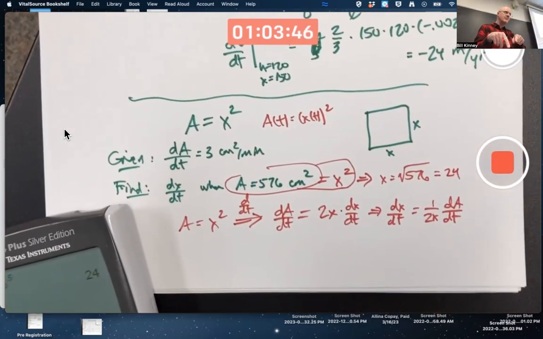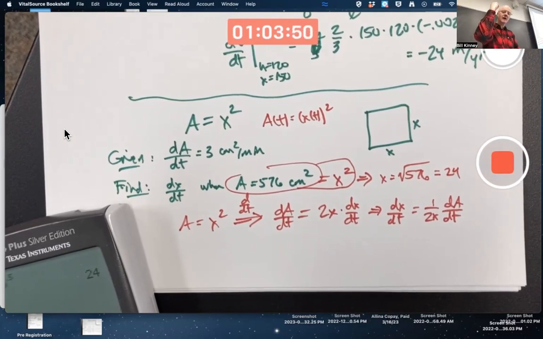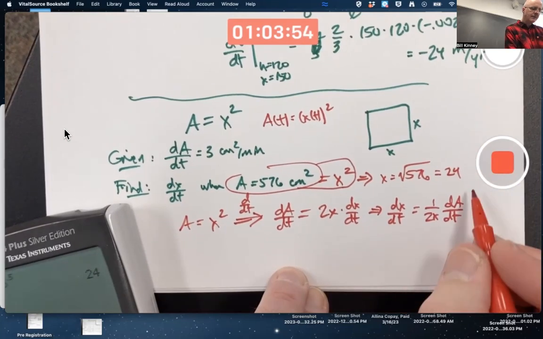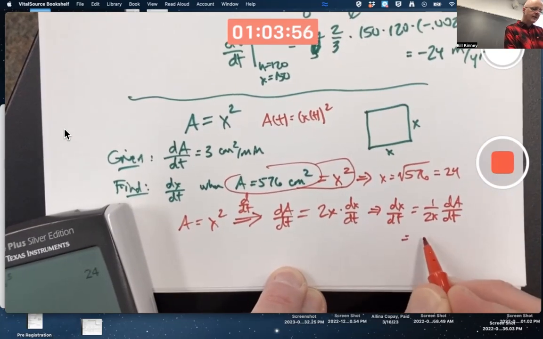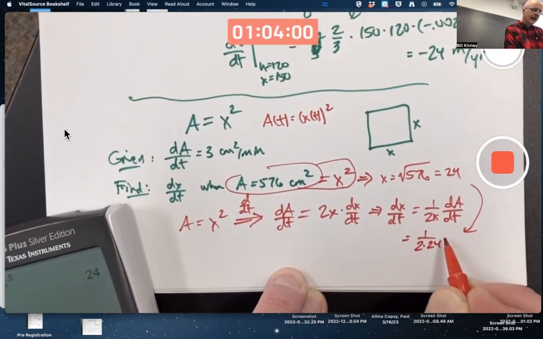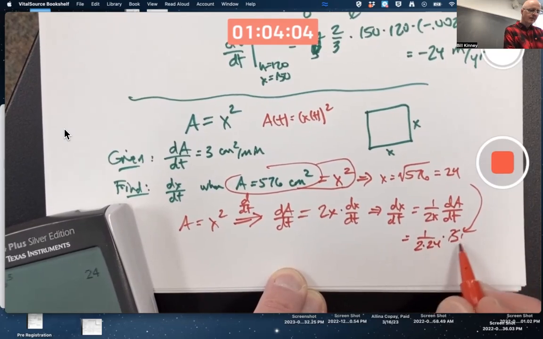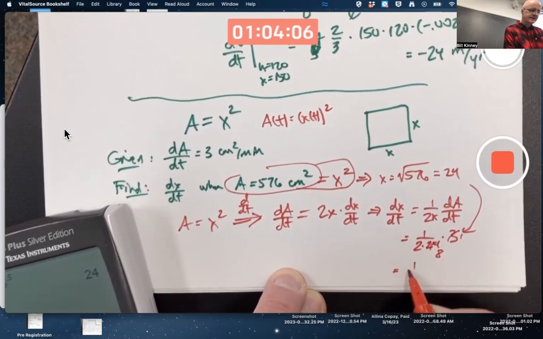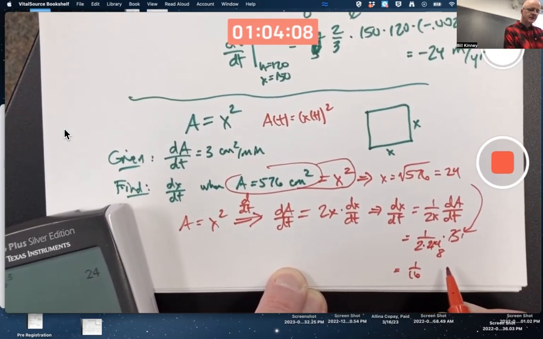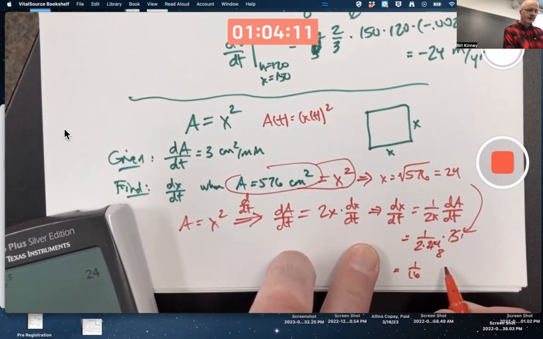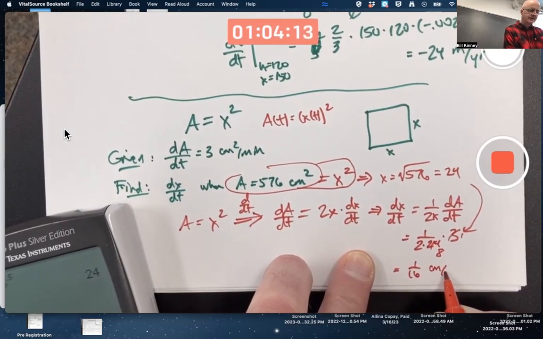This is just a moment in time when I write those equations down, just a snapshot of a moment in time. The square is getting bigger over time. At that moment in time, you can now plug the number in for x and plug in what dA/dt is, 3. This simplifies to 1/16. What are the units? The units for the rate of change of x with respect to time would be centimeters per minute.